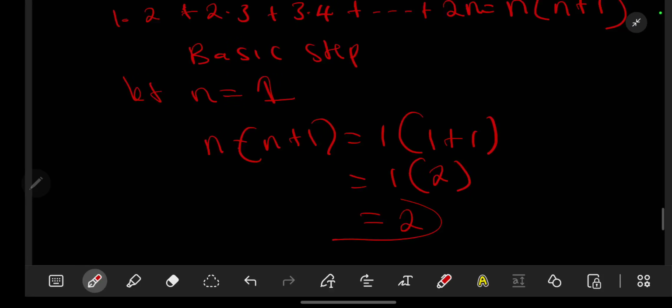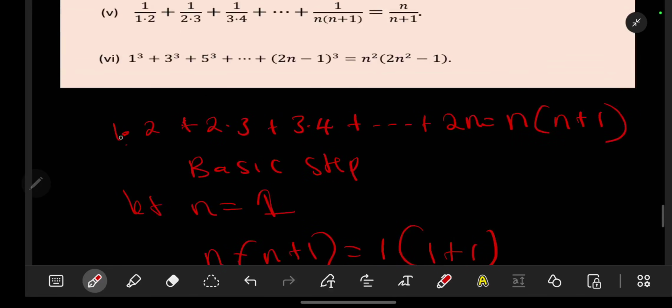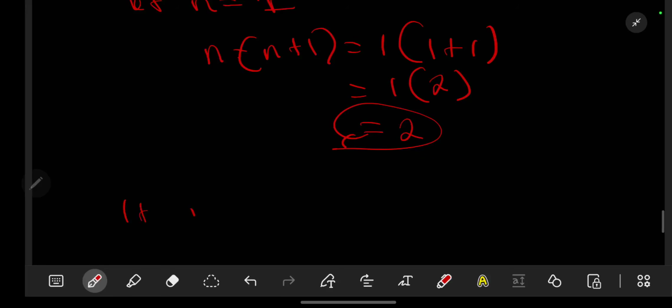So if it has given us 2, that means that 2 is the same as here, because 1 dot 2 is 1 times 2, which will give you 2. So it is true for n is equal to 1, like that.